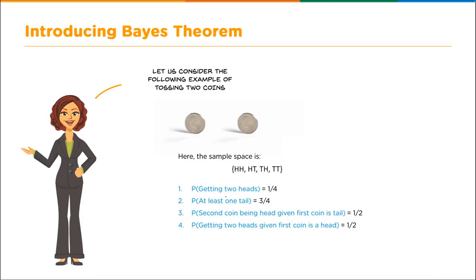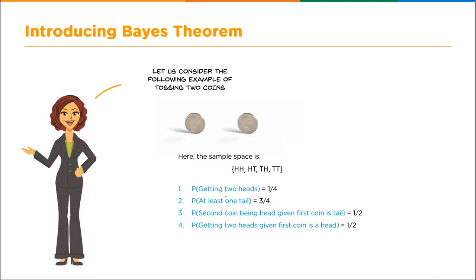Now, let us consider a simple example where I have two coins. I just want to toss the two coins, and there could be four possible combinations. The four combinations could be: first head and then head, HH; then HT; then tail head, TH; and then tail tail, TT. The first H refers to the first coin being head, and the second H refers to the second coin being head.